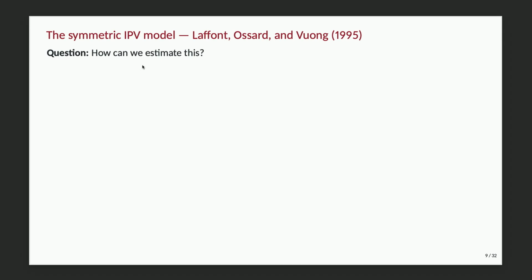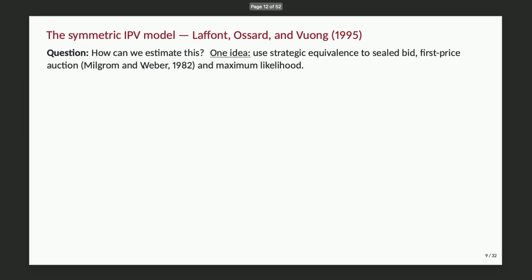So how can we make progress on estimating this distribution of valuations? One idea is to use, as we have just seen, a solution for first price sealed bid auctions. One idea is to use the strategic equivalence between descending auctions and first price sealed bid auctions and use maximum likelihood.